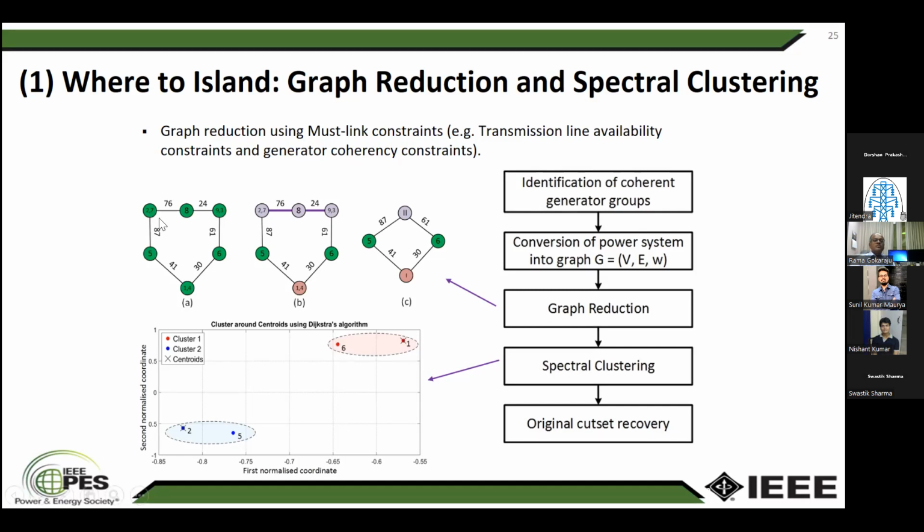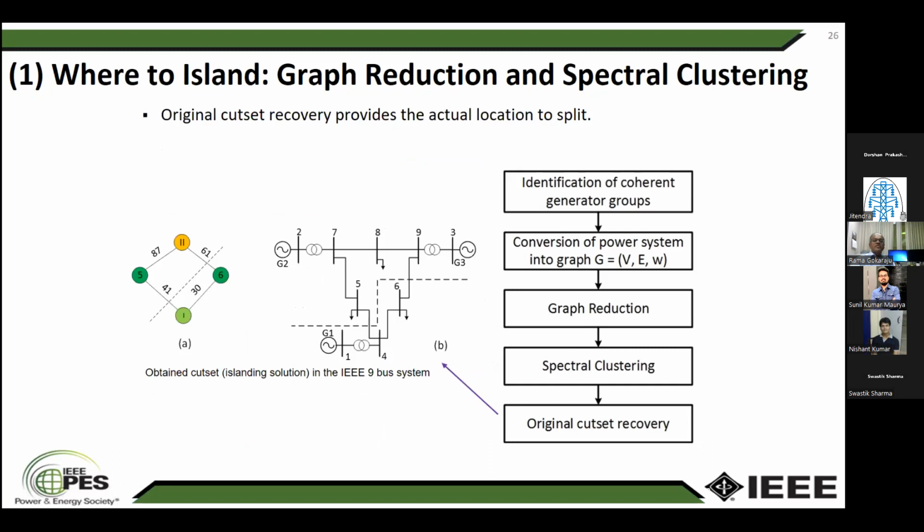Okay. So I will go back to the previous slide and show you. 2 and 7, right? G2 supplies the power through, there is only one line. So these two, we should not trip here on this line. So 2 and 7 is a coherent group here.